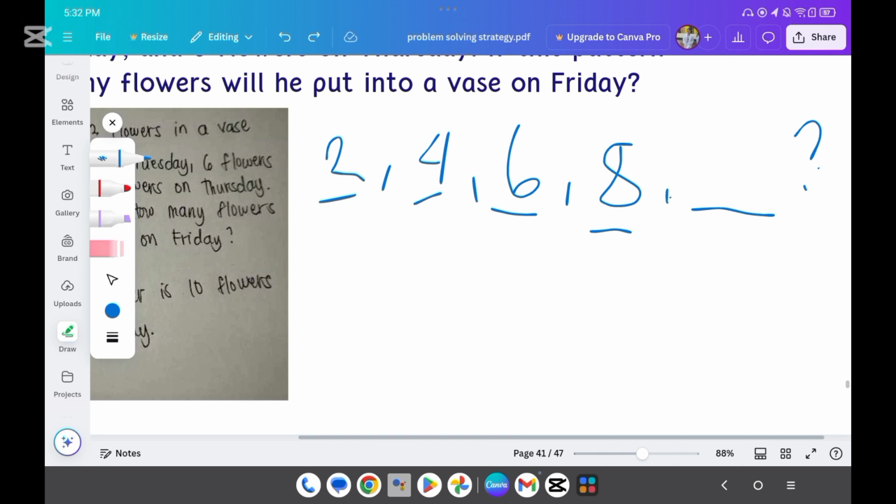So 2 plus 2 gave the florist 4. 4 plus 2 gave the florist 6. 6 plus 2 gave the florist 8.